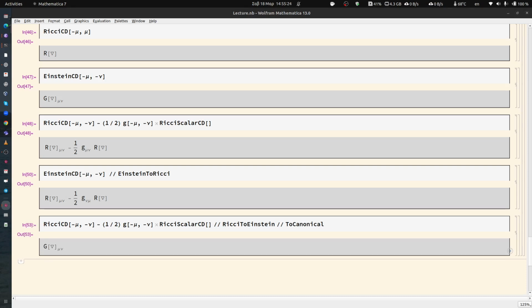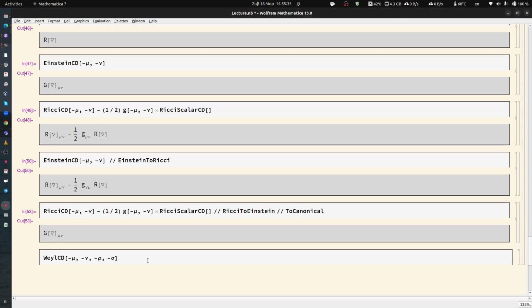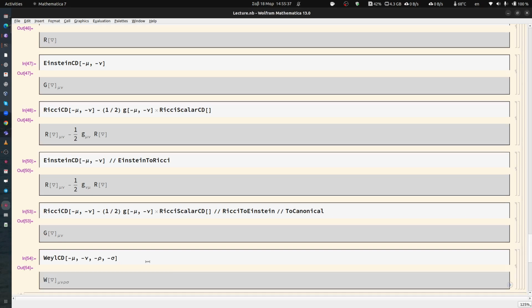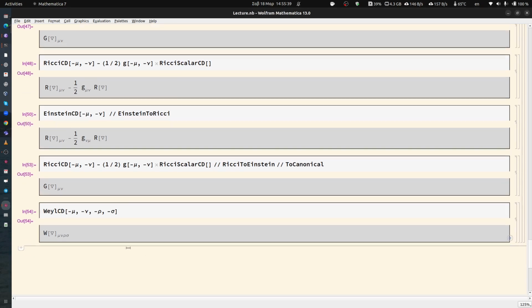Another tensor that is useful in general relativity, and contains all the propagating degrees of freedom in 4 dimensions, is the Weyl tensor.